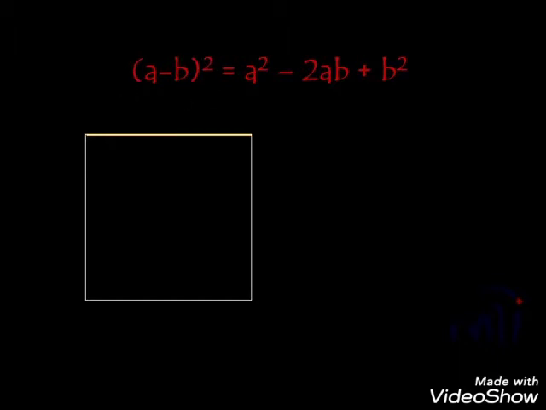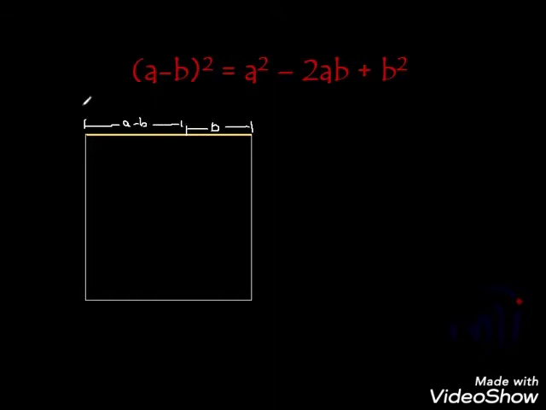So let me mark a point in this line somewhere here in such a way that this much is b. So if this much is b, this much will be a minus b, right?